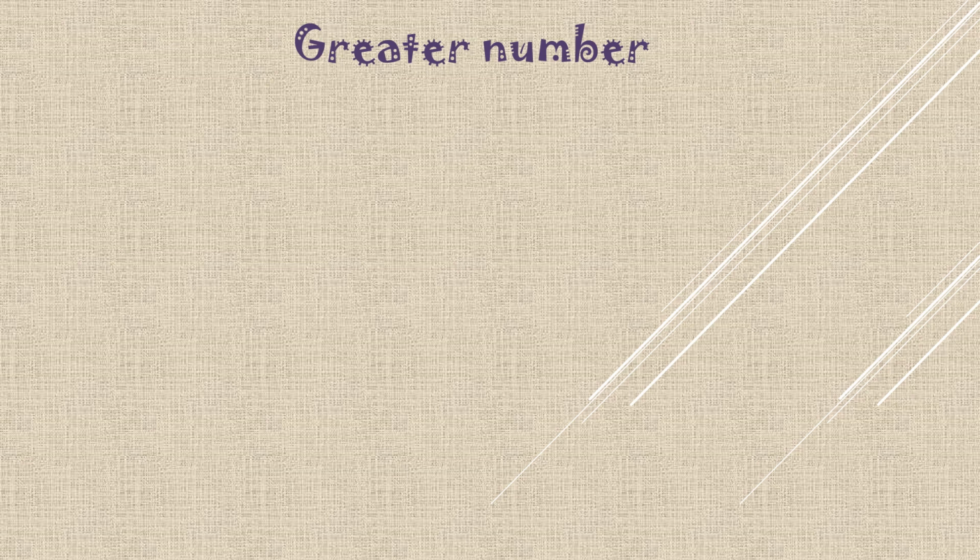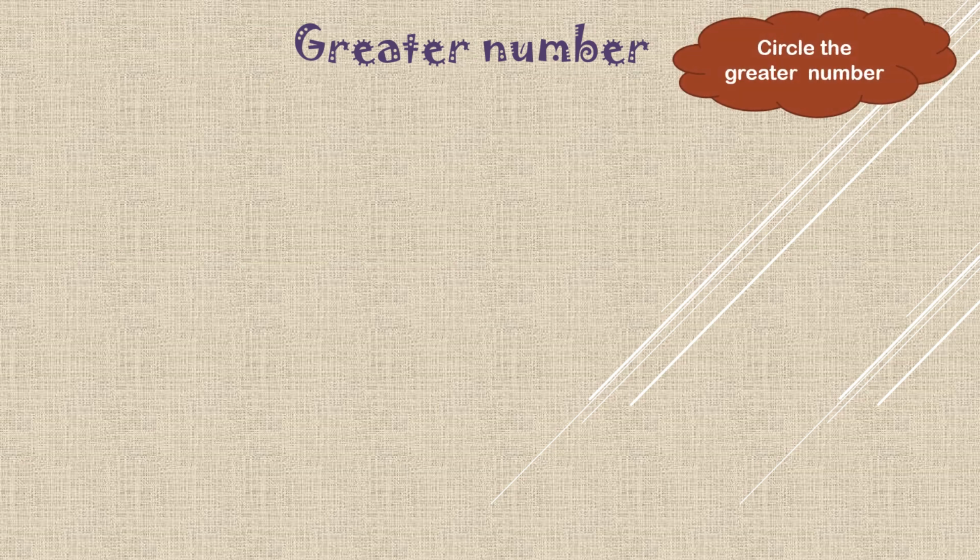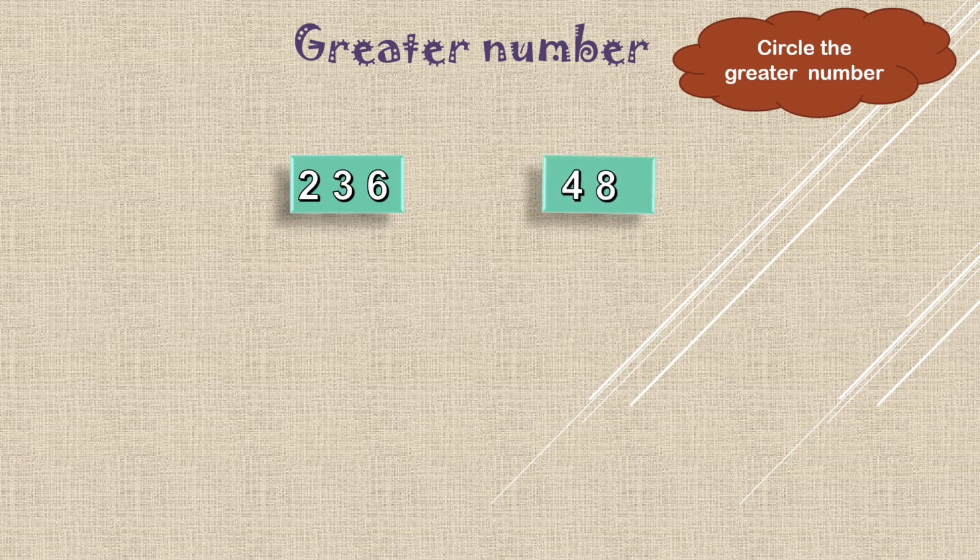Now in this slide, we are going to find out the bigger number. So let's see the examples here. We are going to circle the bigger number here, 236 and 48. We have two numbers here. As you can see, one is a 3-digit number, 236, and 48 is a 2-digit number.